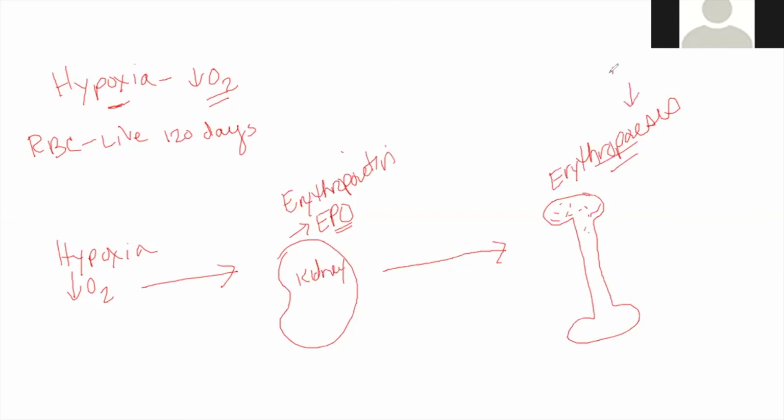Poiesis in itself means formation, and erythro means red. So when we read medical terms, we always read them from the end of the word to the beginning. So what this word actually means is formation of red cells.